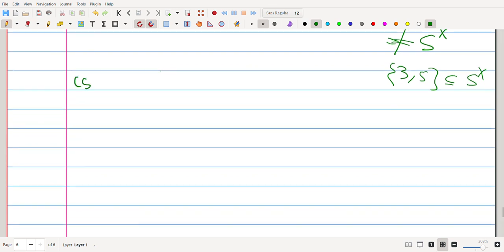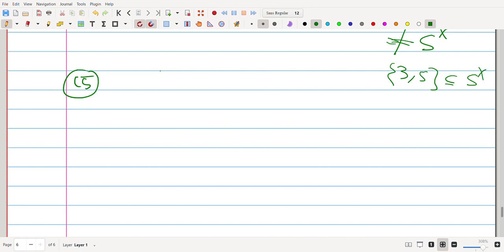Question number 15. This is a very useless problem. I don't even understand from my preparation why this question is given. I mean, it's a meaningless question, because you can take anything, right? It is given that P is a Sylow p-subgroup.